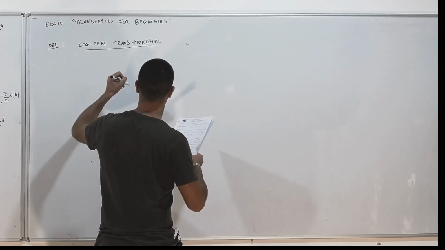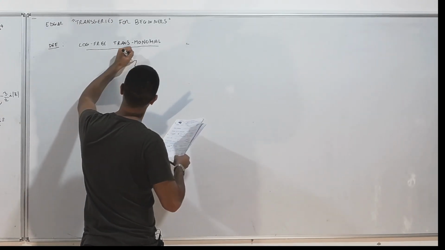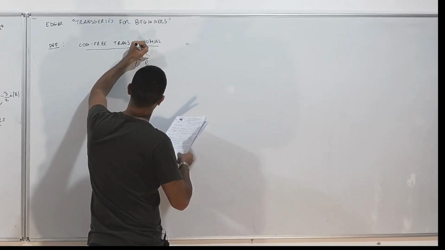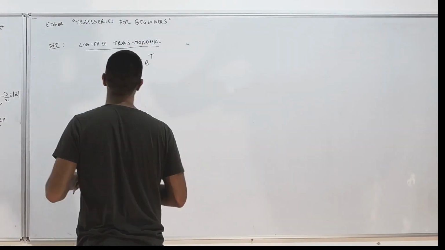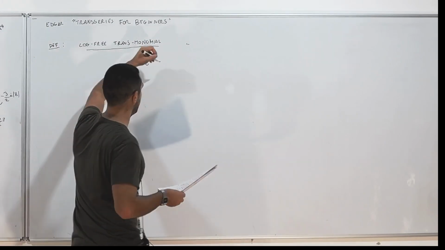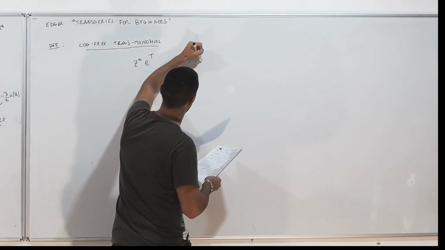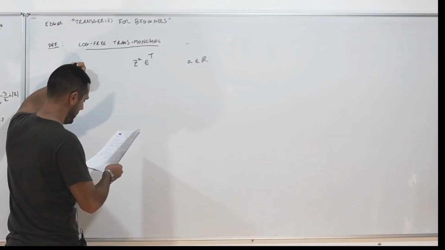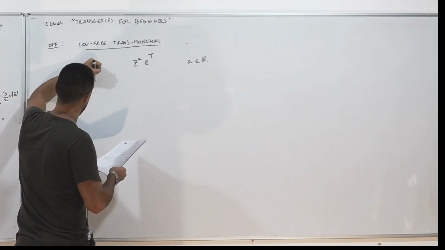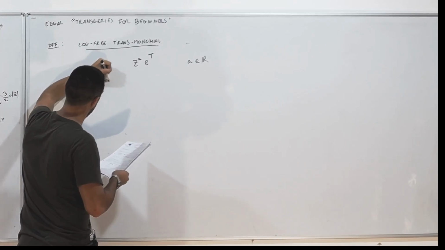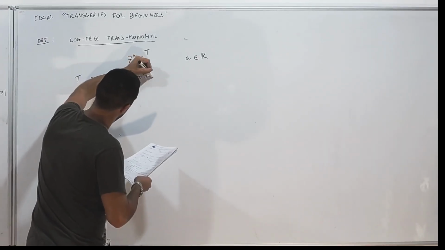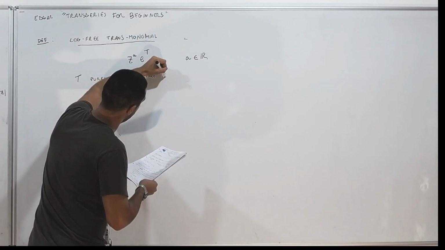We define it as a symbol of the form z to the a, e to the t, where a is some real number, and t is a purely large log-free transseries.